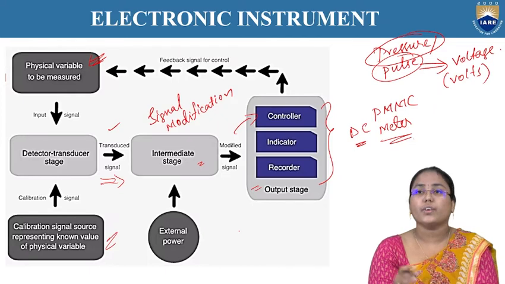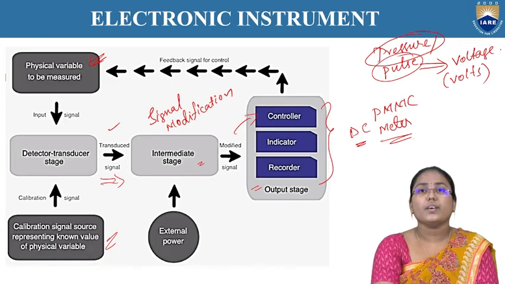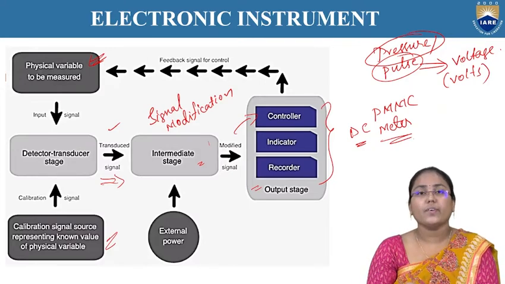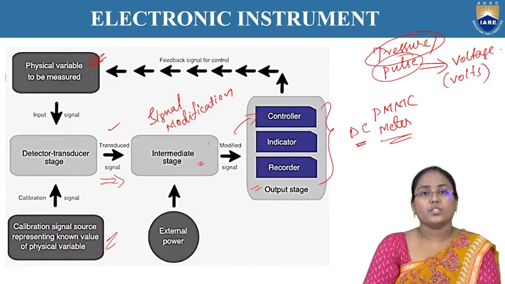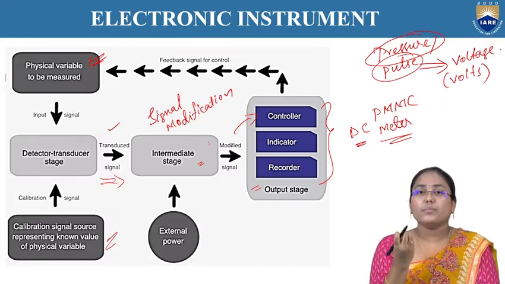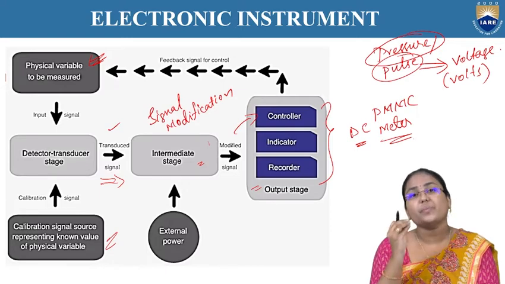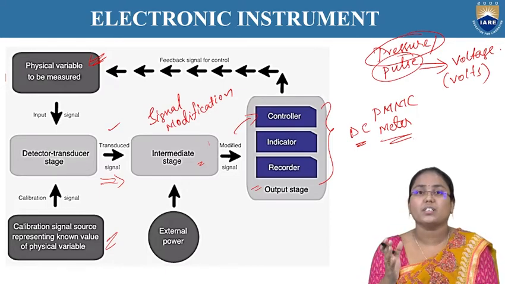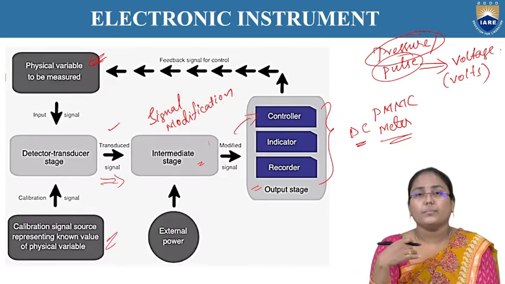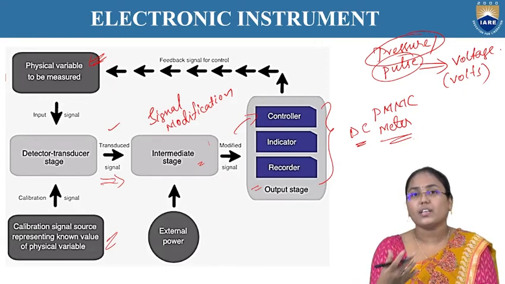Whatever the modified signal, again, we can view it, or we can also give it to other circuits also. So in this way, any electronic system instrument works. Basically, it consists of a transducer stage, where it takes the physical quantity from any other type of instrument. From there, the physical quantity is converted into some known format which makes some sense, a modified signal on which we can do mathematical operations or any other algorithm operations.